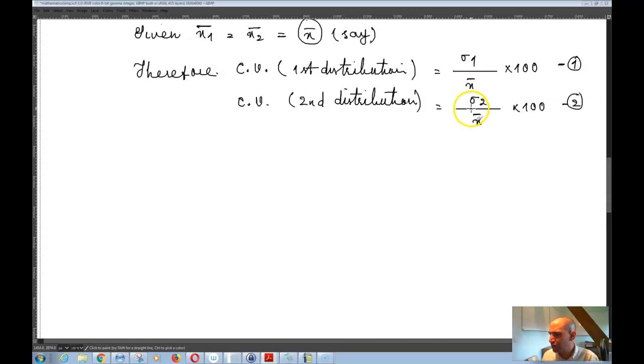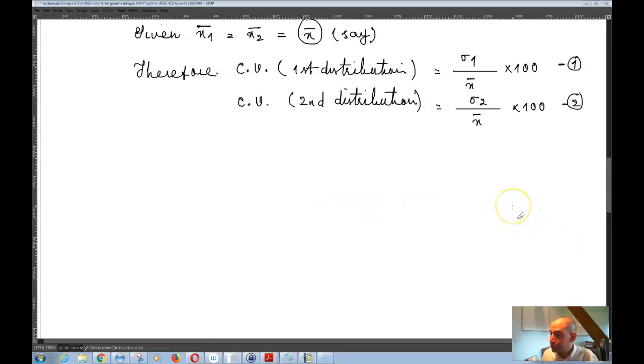Or variance, they have taken it. There could be two definitions, meaning that instead of standard deviation you could also use variance, which is sigma squared. But I don't see it over here.